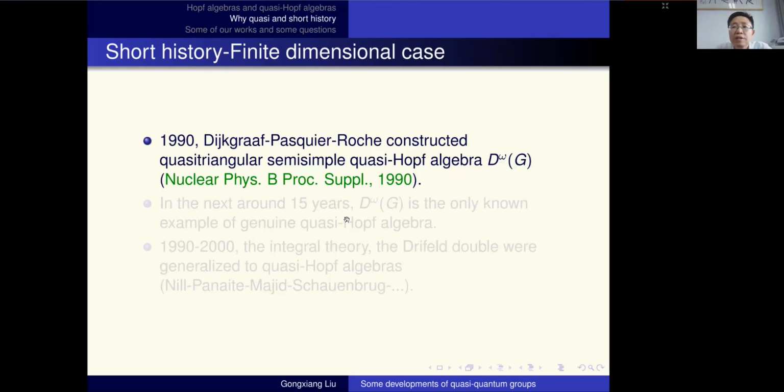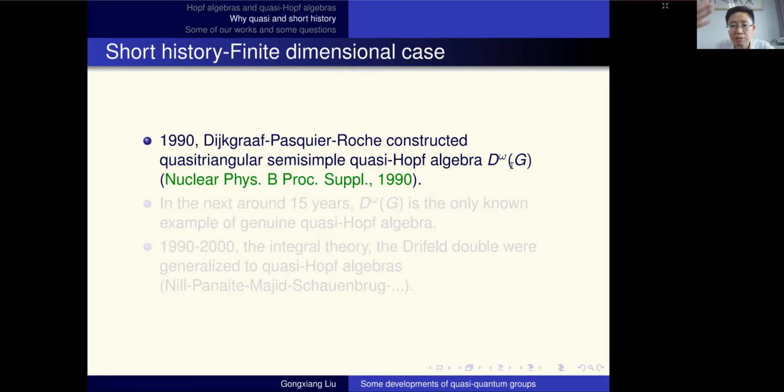But in the 1990s, there were three mathematical physicists who constructed a quasi-triangular semi-simple quasi-Hopf algebra D^omega(G). What's the meaning of D^omega(G)? Actually, it's just a quasi-Hopf analog of the usual Drinfeld double of a group, D(G).